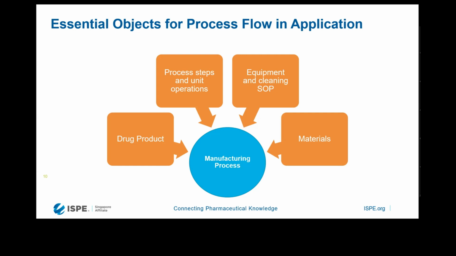As long as unit operations is what? A unit operation is each manufacturing process step. Let's say you are doing blending. I'm talking about non-sterile, right? You are doing the tableting process and everything. How many blenders are available? Which blender can you utilize as a user to manufacture product X?